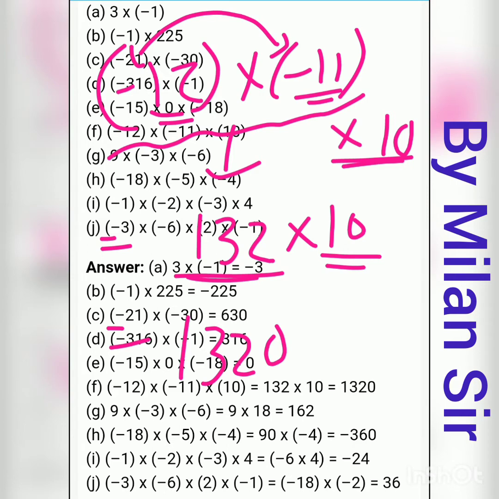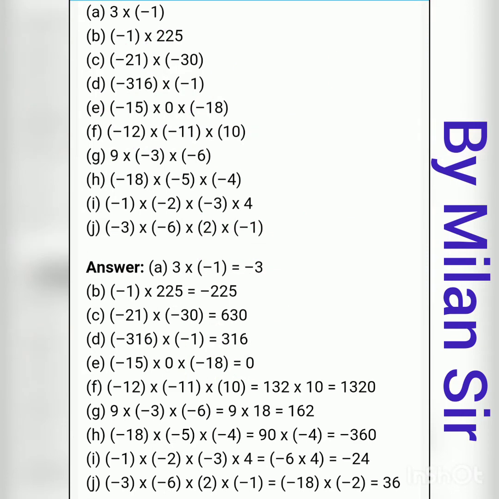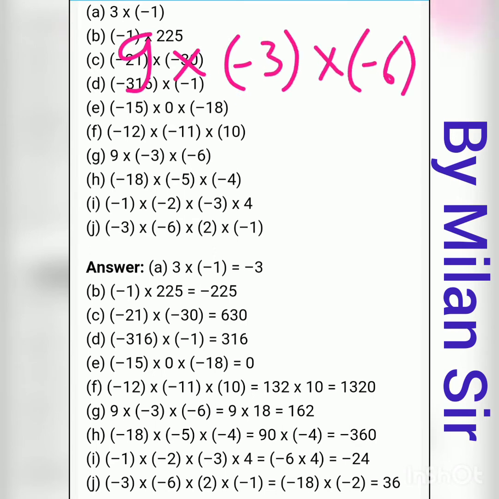So our answer is 1320. Okay, then next question: 9 multiply minus 3 multiply minus 6. First of all, the first two numbers. Now here order doesn't matter, we can change the order.